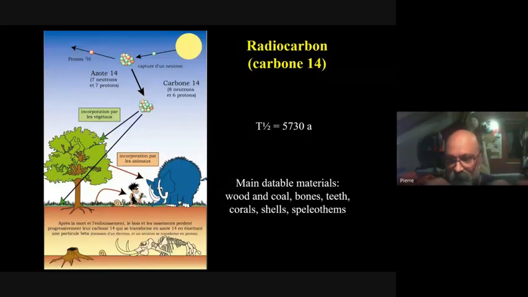This C14 disappears after, but not so quickly. This C14 associates with oxygen, creating carbon dioxide, but radioactive carbon dioxide. This carbon dioxide is used by trees, grass, algae, and other vegetables to produce matter. And all this matter is radioactive.